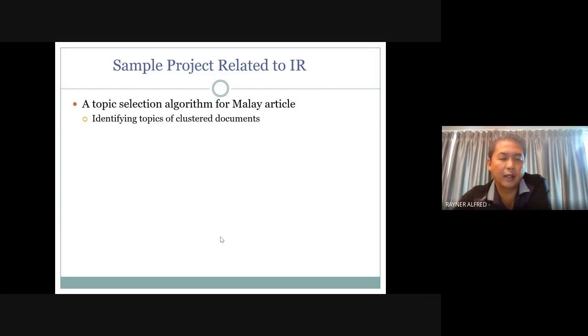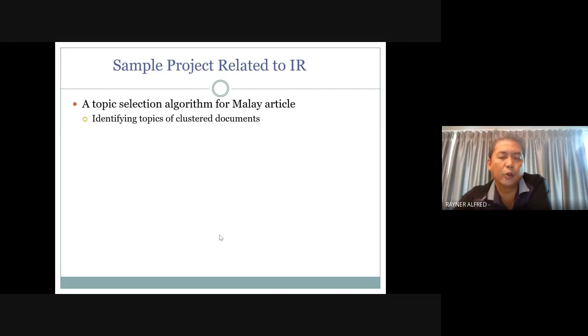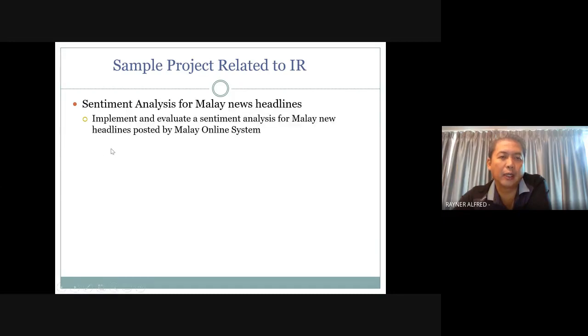We also have a topic modeling selection algorithm for Malay articles, and sentiment analysis for Malay news headlines. Those who have gone through the practical know it is possible to do this, topic modeling and sentiment analysis. All you need to do is write the interface, and then run the R script to get the result.